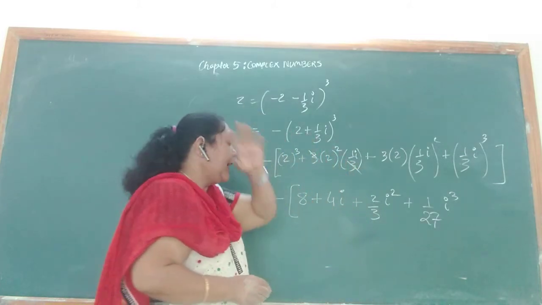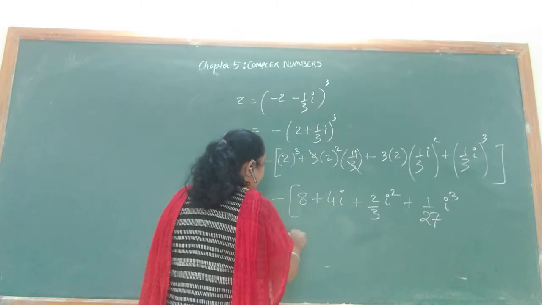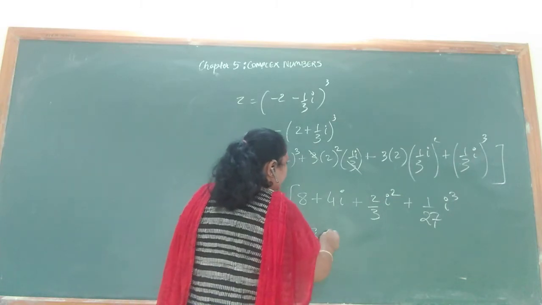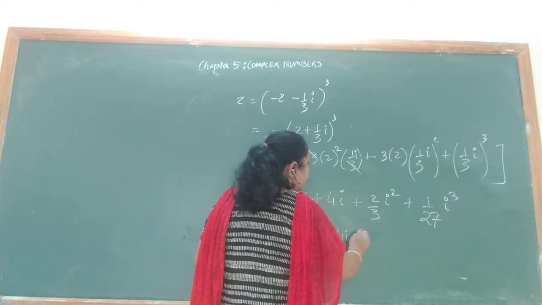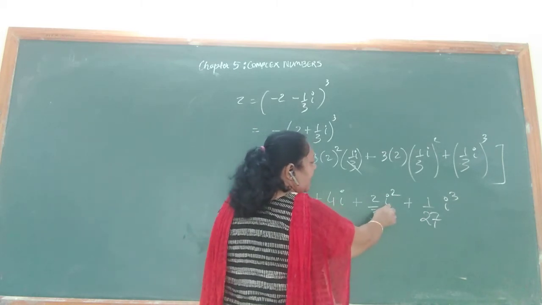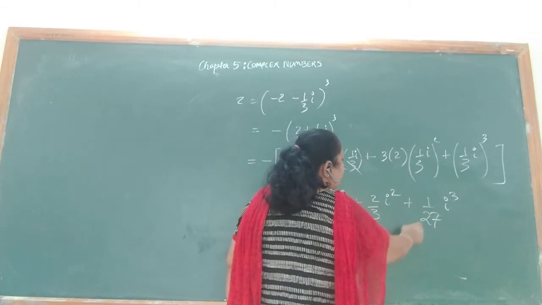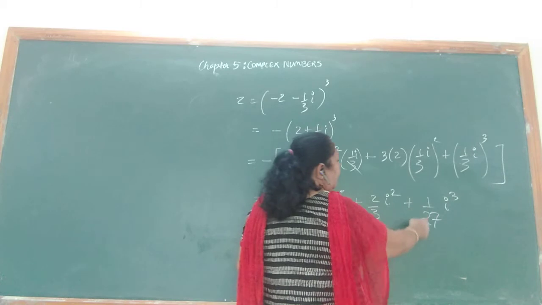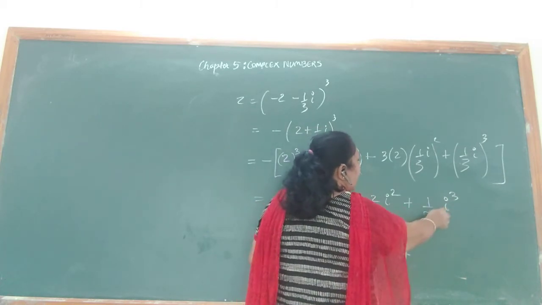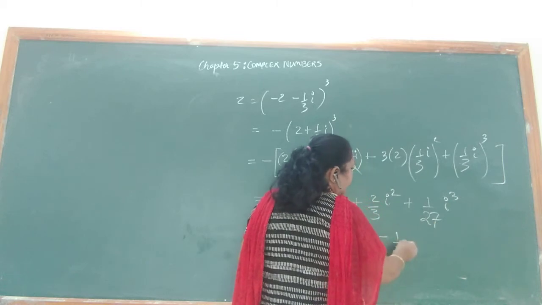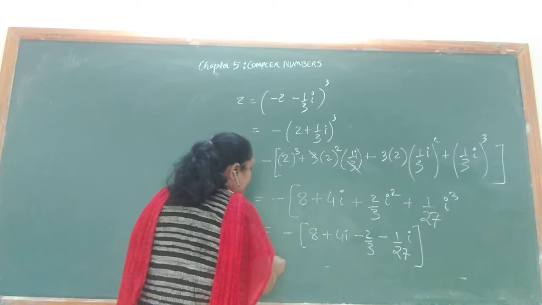Now wherever I see i square, I will put minus 1. So I have minus 8 plus 4i. Then this becomes minus 1, so that is minus 2 upon 3, and this becomes 1 upon 27 i square into i, and minus 1 into i. Now you can take your terms together.